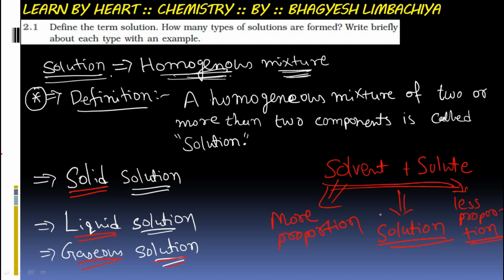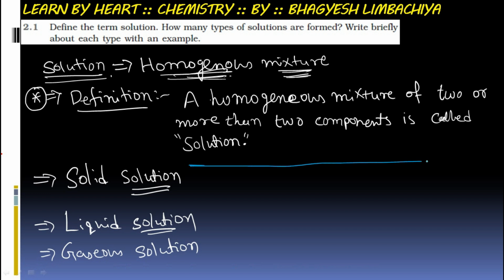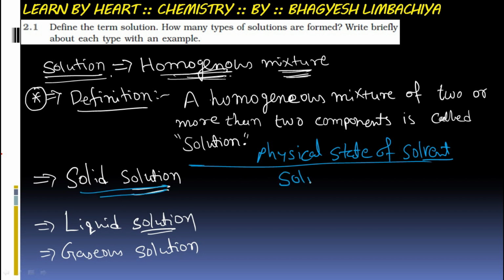So we can say that the physical state of a solution is equal to the physical state of the solvent. So the physical state of solvent in a solid solution is solid, for a liquid solution it is liquid, and for a gaseous solution it is gas.